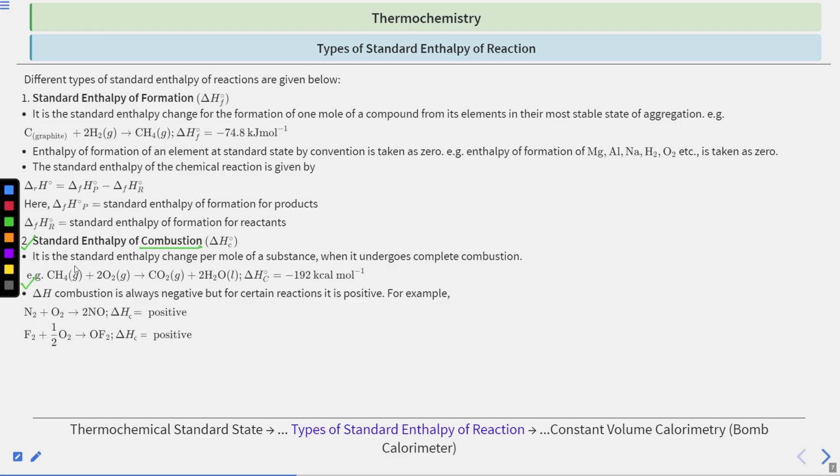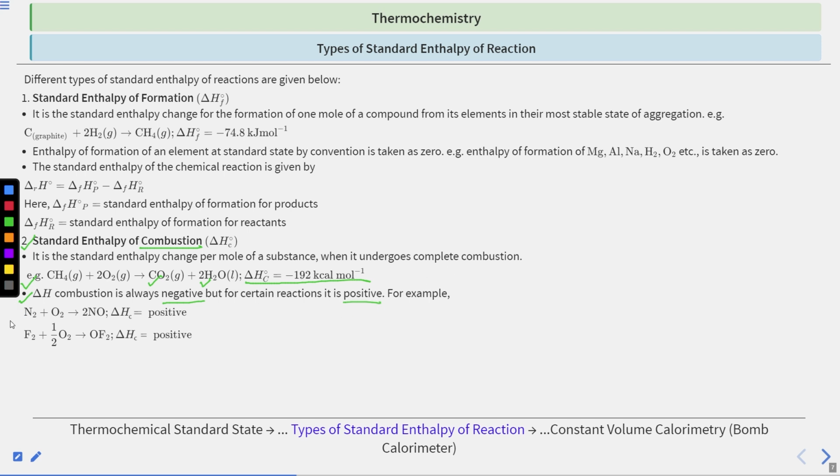For example, again the combustion reaction of methane giving CO2 and 2 molecules of H2O. The standard enthalpy of combustion is minus 192 kilocalorie per mole. So the standard enthalpy of combustion is always negative, but for certain reactions it is positive.